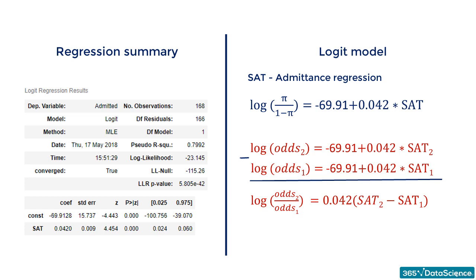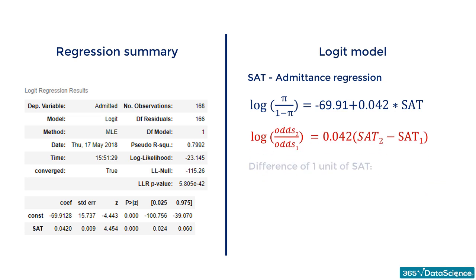Okay, now let's take a difference in the SAT score of 1. So, SAT 2 minus SAT 1 equals 1. Log of odds 2 divided by odds 1 equals 0.042 times 1, or 0.042.